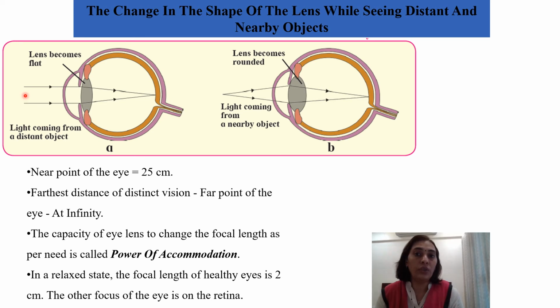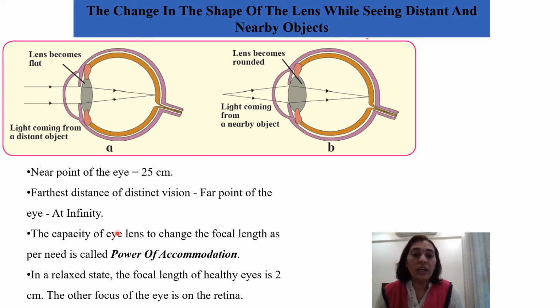So we have studied two things, near point and far point. Near point is the minimum distance at which an object needs to be held so that it can be seen clearly without strain, and that is 25 centimeters for normal eyes. Whereas the farthest point which can be seen clearly without any strain is at infinity for normal eyes.